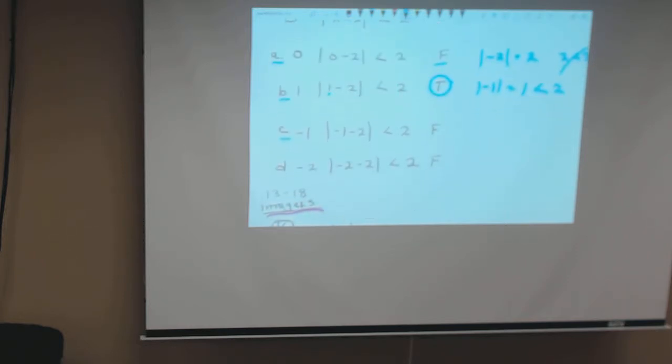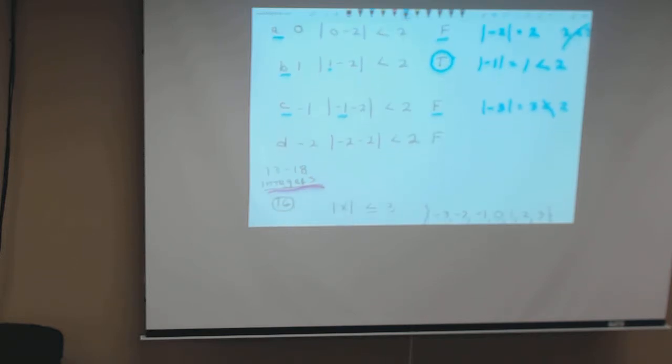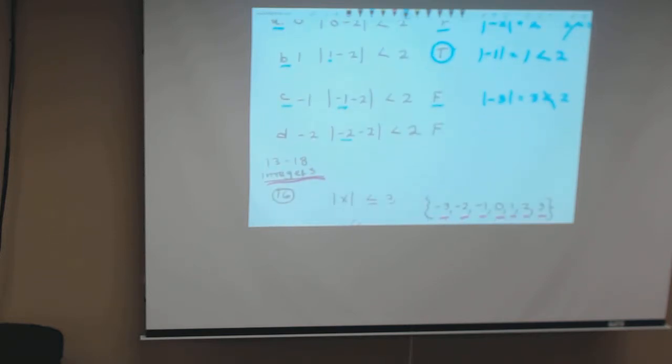C. Put a negative 1 in place of x. What's negative 1 minus 2? Negative 3. What's the absolute value of negative 3? 3. Is 3 less than 2? No, so that's false. You follow what's going on? Negative 2 in place of x.